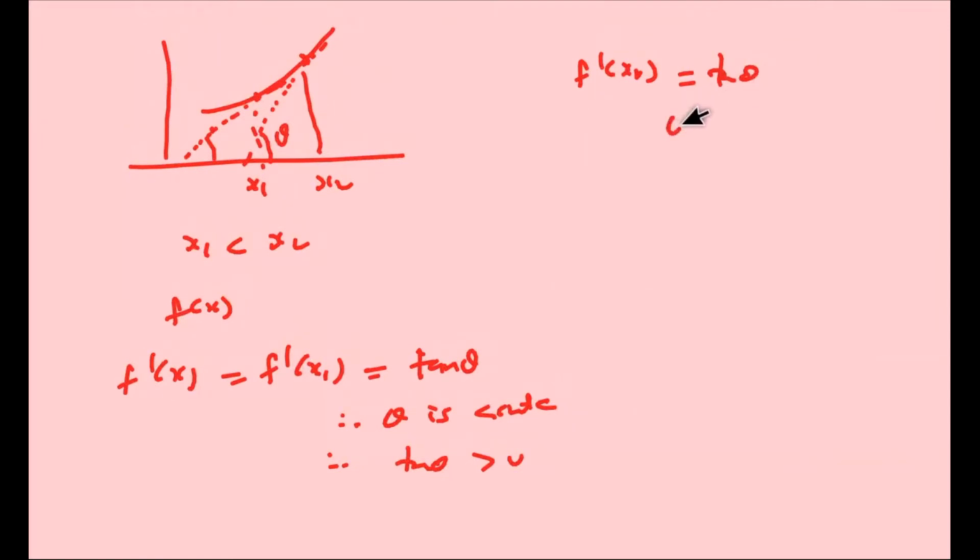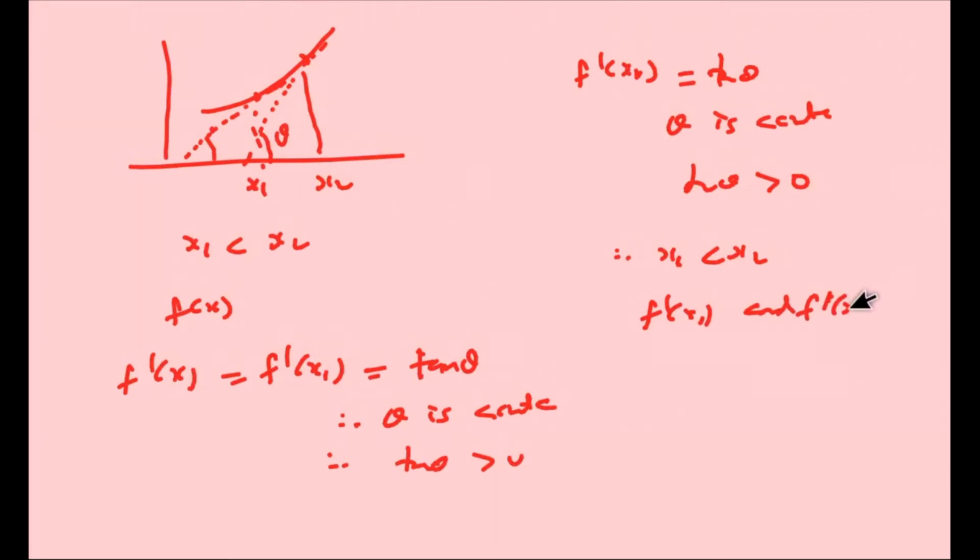Here also theta is acute, therefore tan theta is greater than 0, meaning positive. So if x1 is less than x2, and f dash x1 and f dash x2 are positive, we can say here is an increasing function.